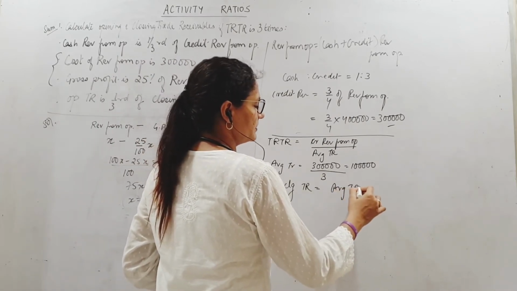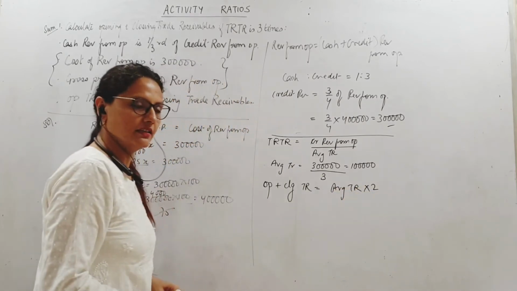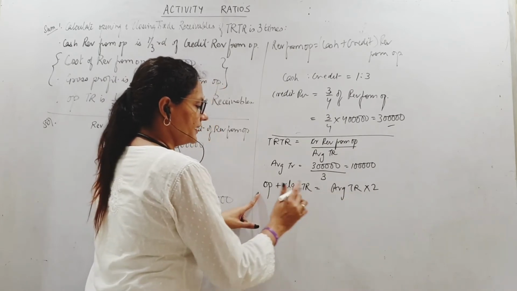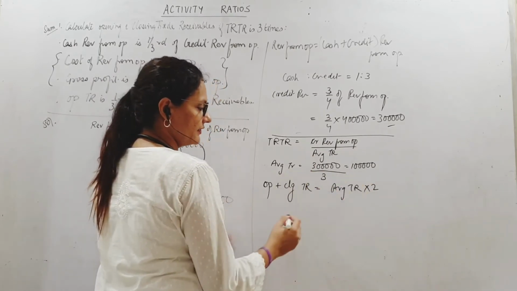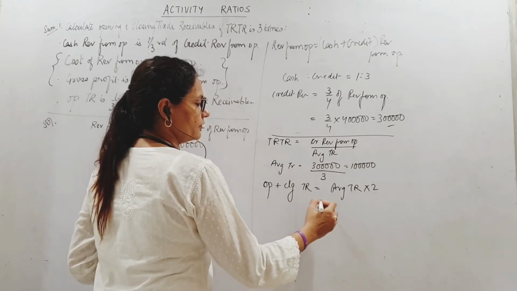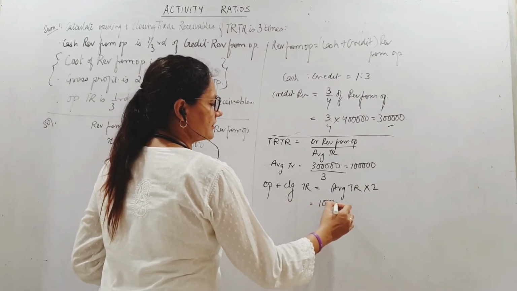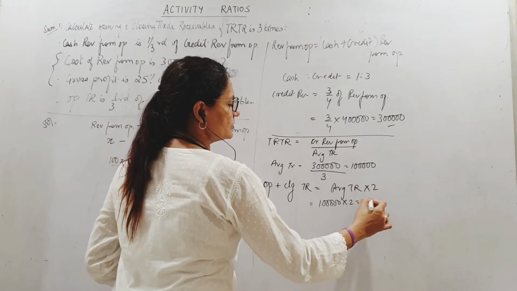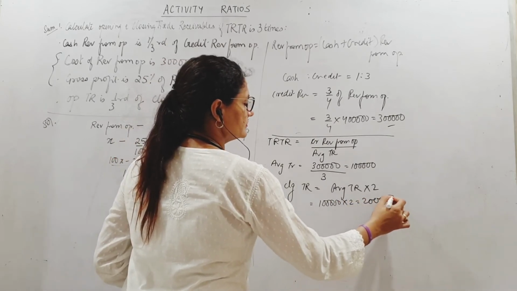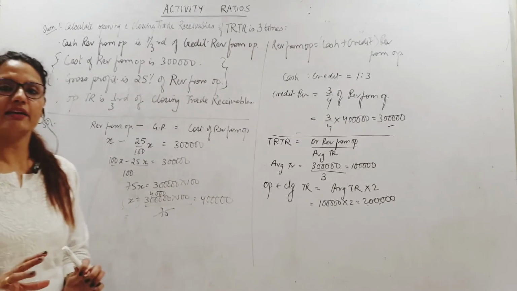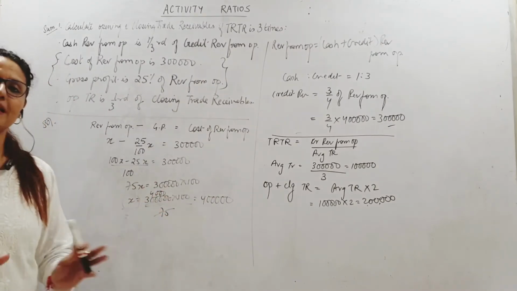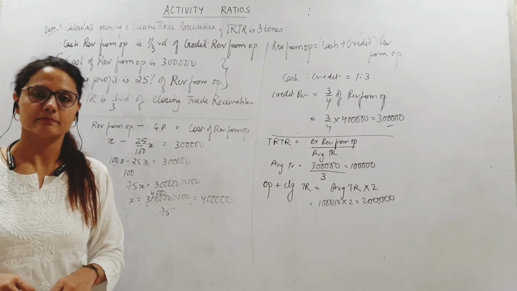Average trade receivables into 2, है ना? क्योंकि average is opening plus closing by 2. So I take that 2 there. Okay, the same formula. Therefore, this becomes 1 lakh average into 2. That is 2 lakhs. So 2 lakhs is opening trade receivables plus closing trade receivables.